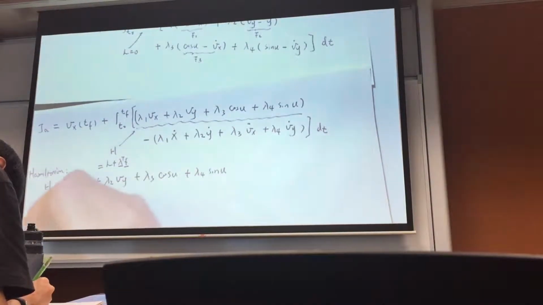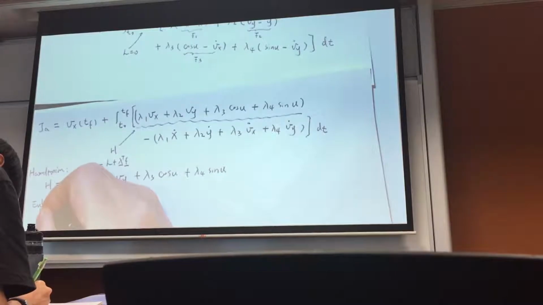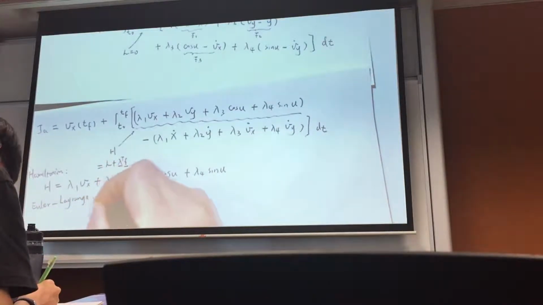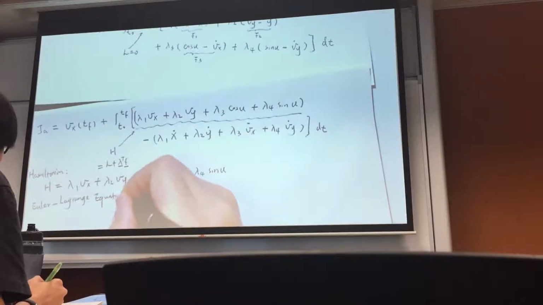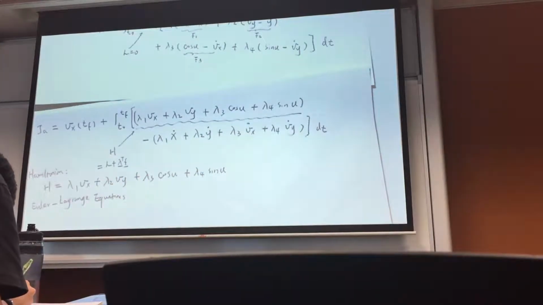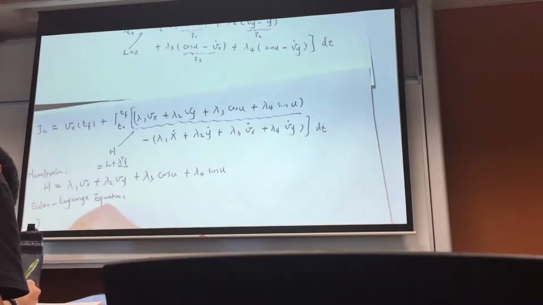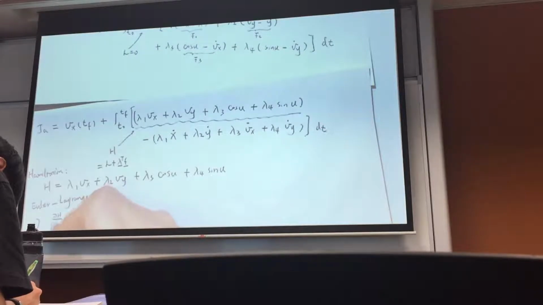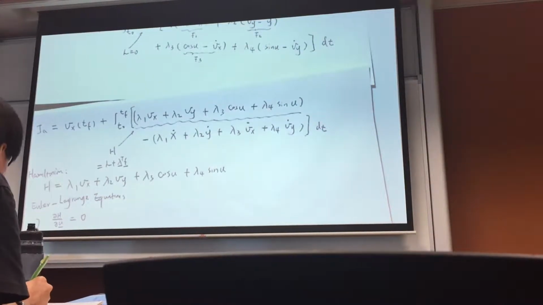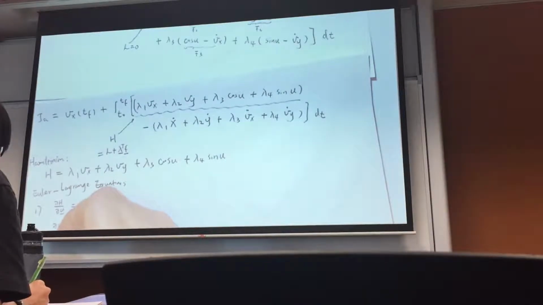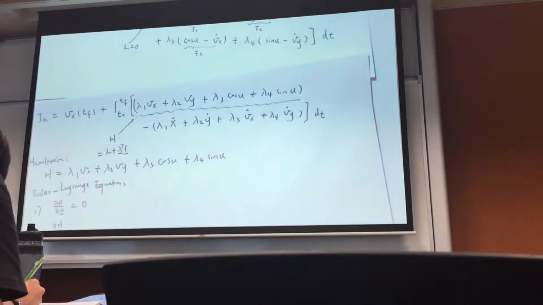So next, we can use our Euler Lagrange equations. Remember our first set of equations is dH/du equal to 0. So now let's check what is dH/du.